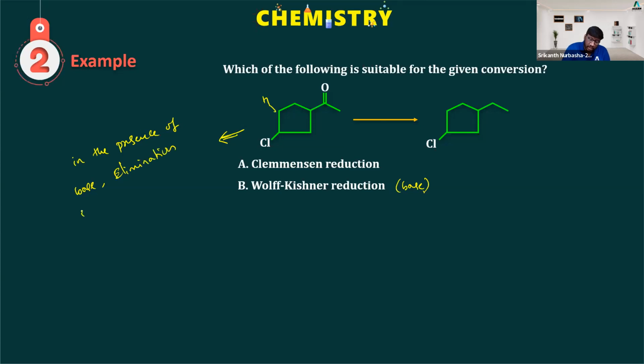Elimination is possible. So Clemmensen's reduction is the only correct choice.